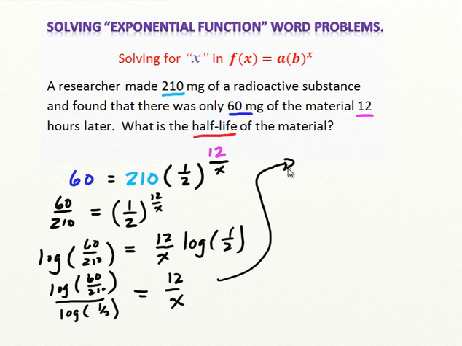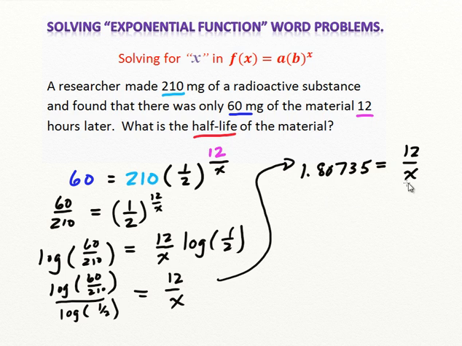Evaluating the left side, those two logs being divided, careful with your brackets, we get that 1.80735 is equal to 12 over x.